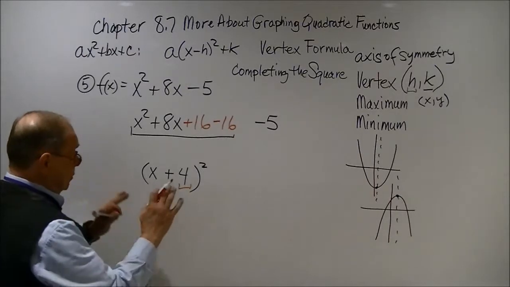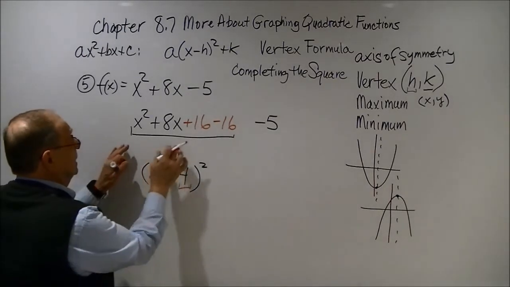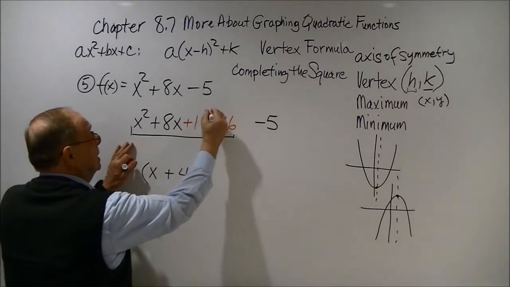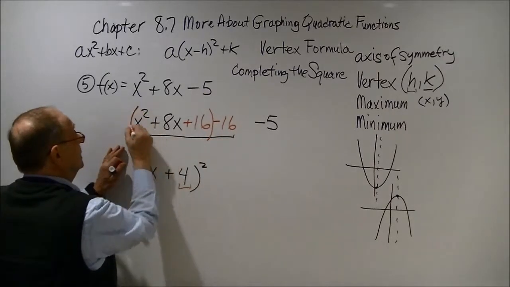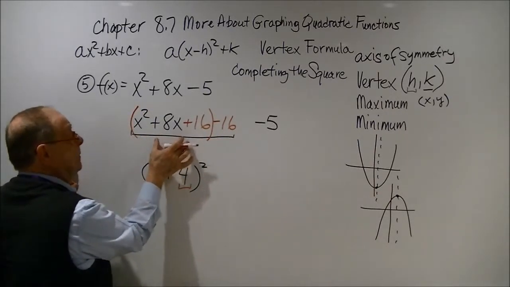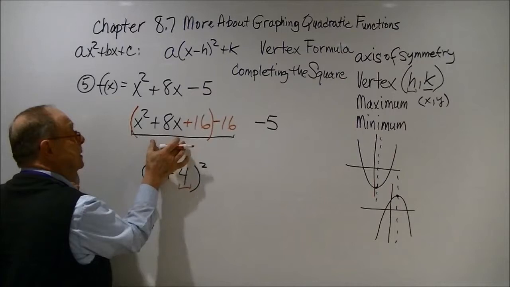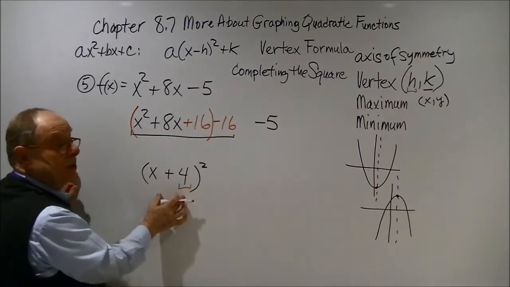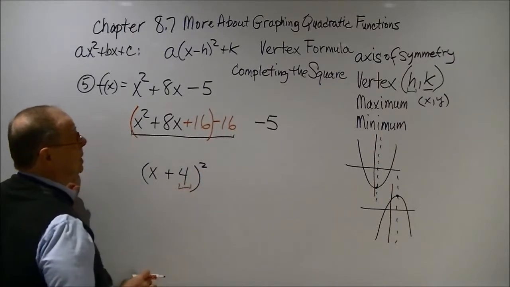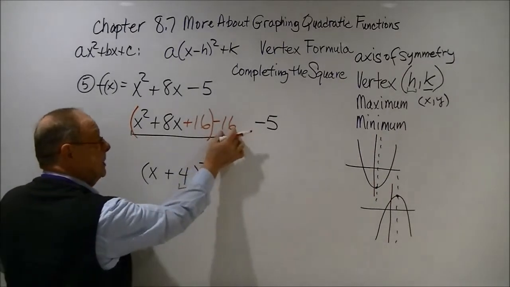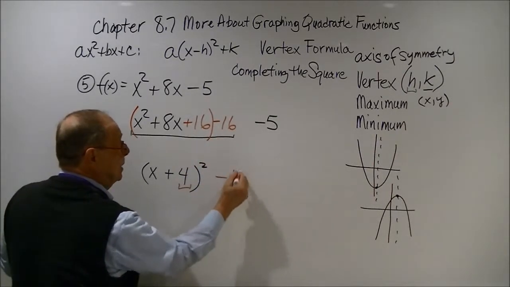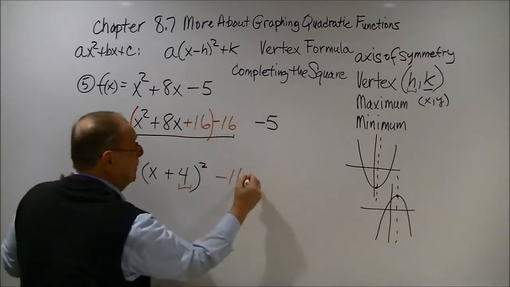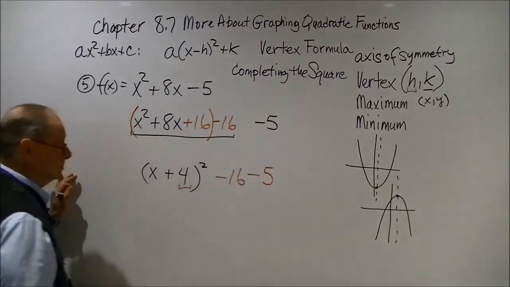And what we're doing here is we are, in a sense, putting a parenthesis around this now and say, factor that perfect square trinomial into this binomial that we're going to square. But we still have that negative 16 out there, and we have the negative 5.